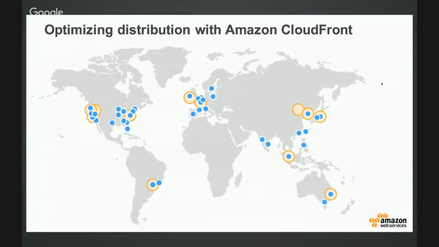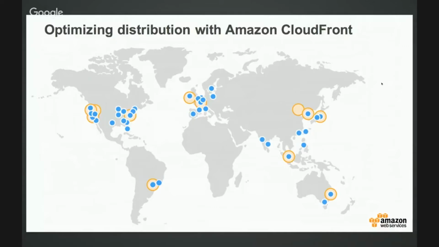Another very important part, especially for larger websites, is to optimize content distribution, and we have CloudFront for that. CloudFront is a CDN, and it runs in a very different part of AWS global infrastructure.